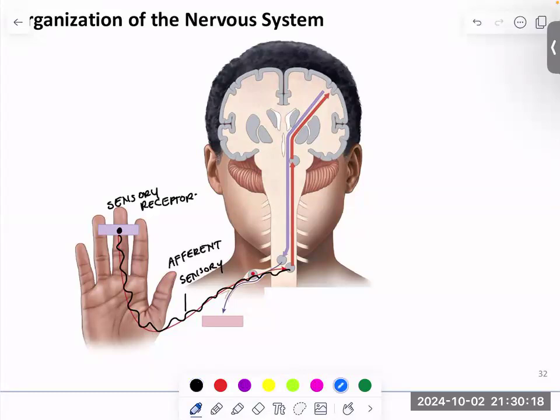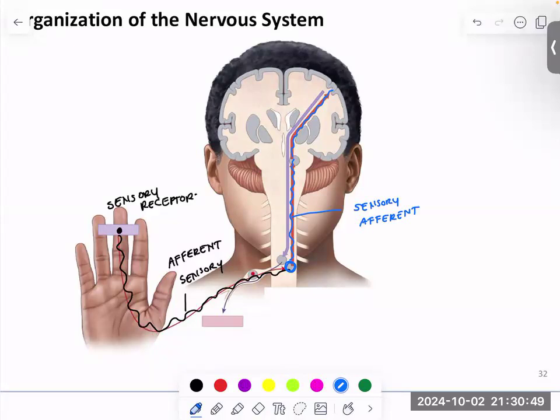The spinal cord is going to interpret that information, the gray matter, and it's going to decide how it travels up the spinal cord and eventually how it gets to the brain. That is more sensory pathway, afferent. Information arriving to the brain.